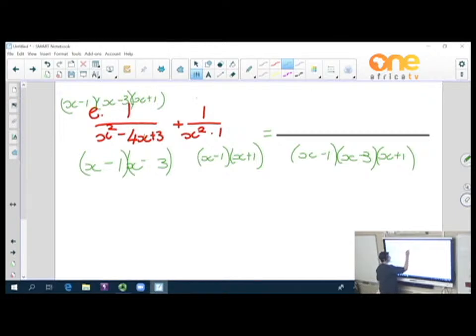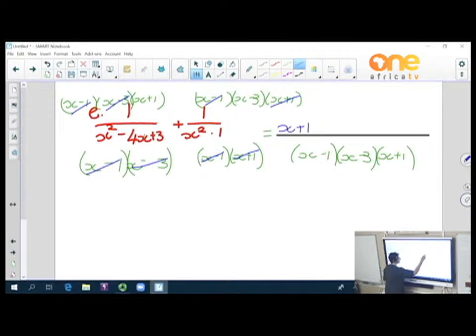And the same here, x minus 1, x minus 3, x plus 1. And cancel. Cancel every time. So this one will cancel out, this one will cancel out, and then it is x plus 1. Here, the x minus 1 will cancel out, the x plus 1 will cancel out.